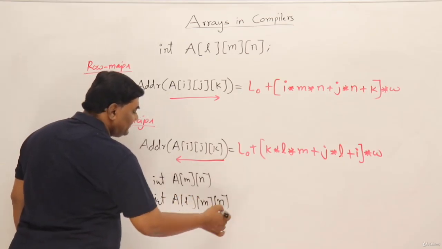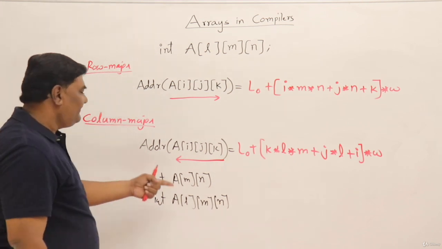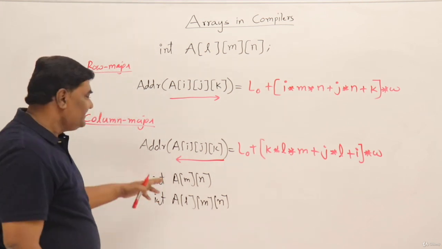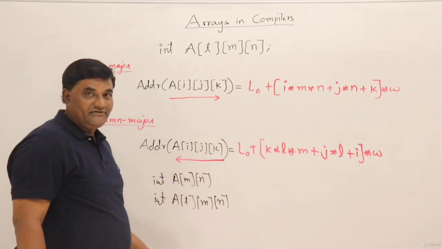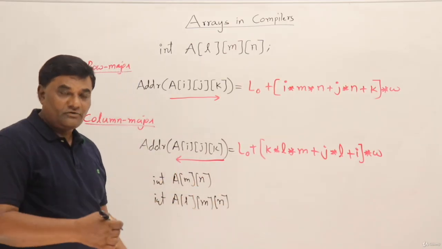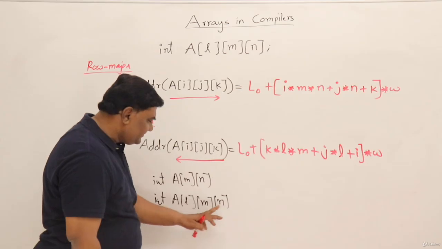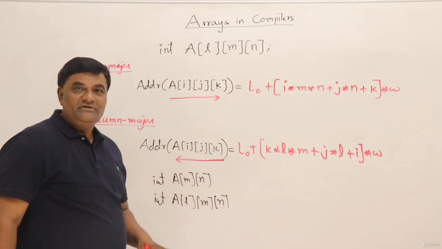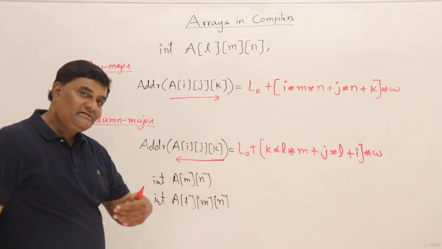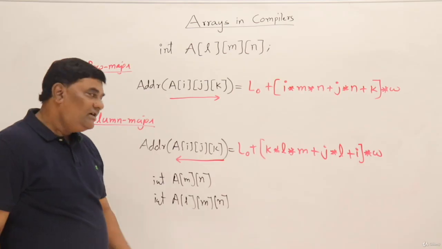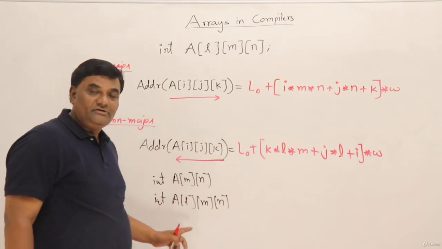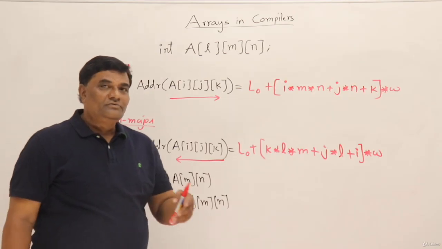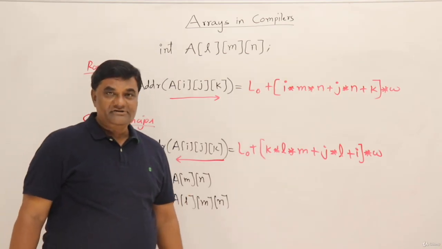Row measure means go from left to right and column measure means go from right to left. Don't say first column then row, because there are 3 dimensions. So if this is row, this is column, then what is this? Instead of giving a name, let us avoid giving any name to that one. Let us say for row measure left to right, for column measure right to left. So that's all about the 3-dimension formula.